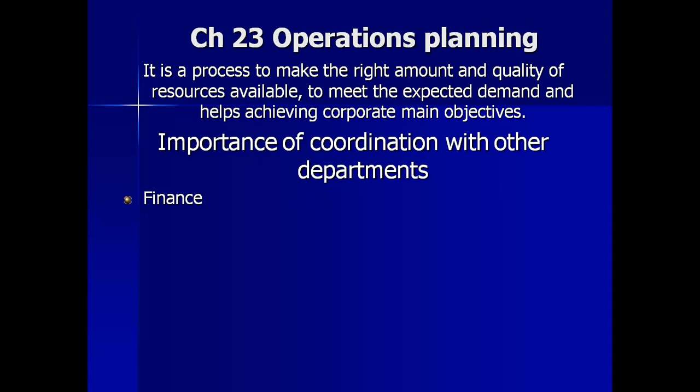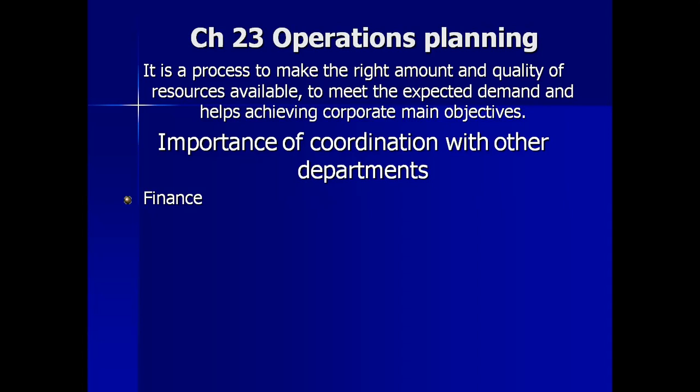Obviously, the finance department. So you need to tell them beforehand that we are having a problem or we are planning to buy new machinery. It will be bought by the operations department because it is their area of expertise. They know which machinery is more suitable to produce quality products. But they need to inform the finance department way before it happens.